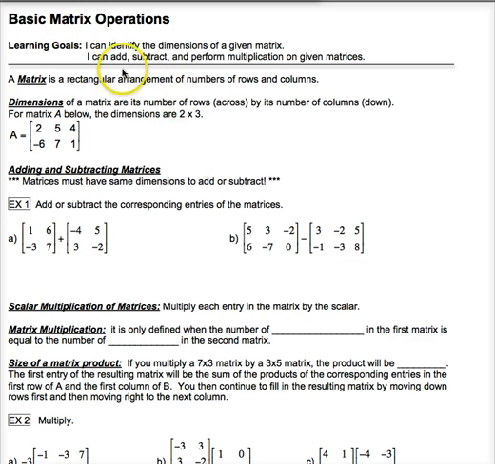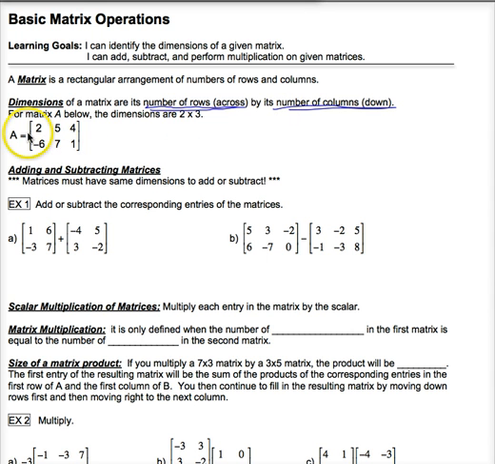So, to meet the first learning goal, we have to be able to identify what the dimensions of a matrix are. This is important because what the dimensions are determine which operations we can perform on them. So, dimensions of a matrix are always its number of rows, which go across, by its number of columns, which go up and down.